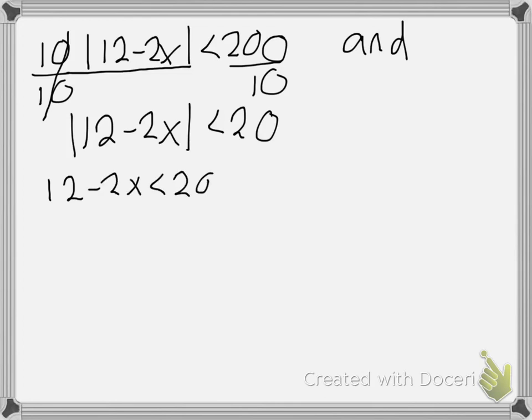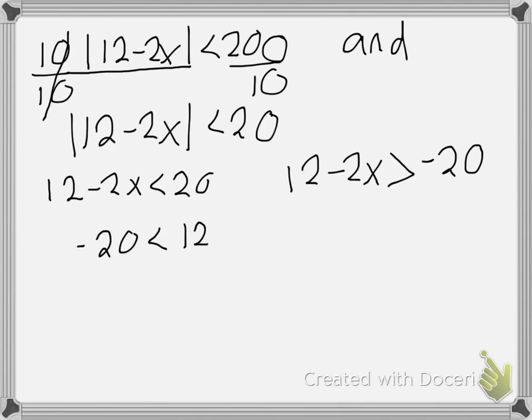And how do I write the other one? 12 minus 2x, flip the sign, change the sign. So now I've got 12 minus 2x in between 20 and negative 20. So I have negative 20 is less than 12 minus 2x, which is less than 20.